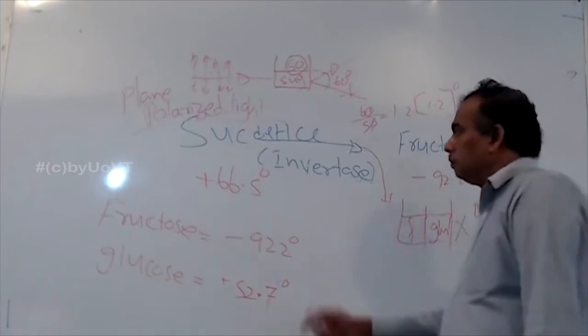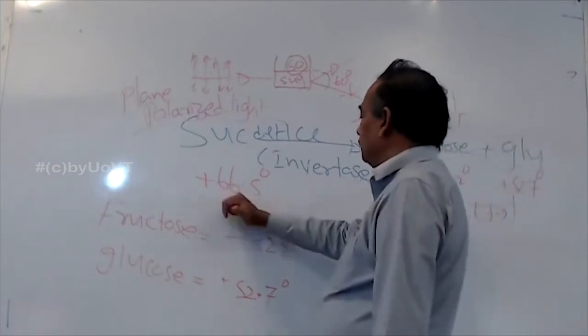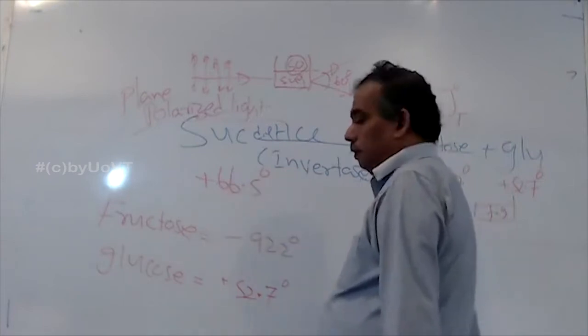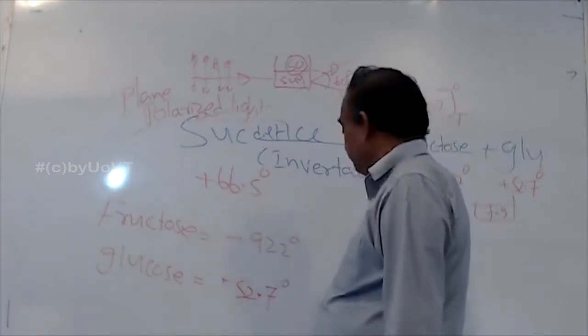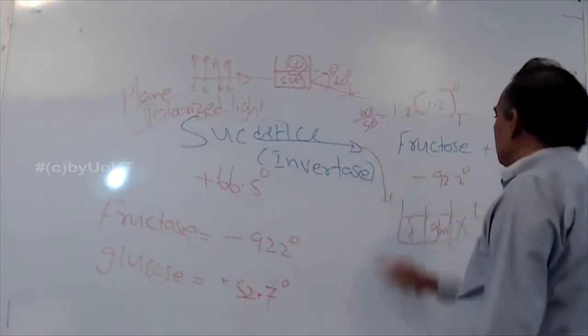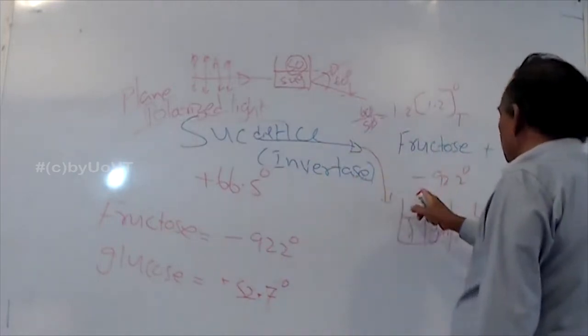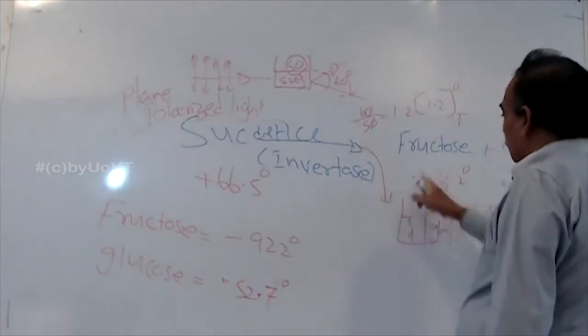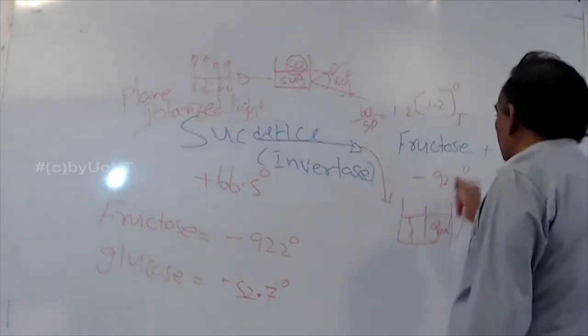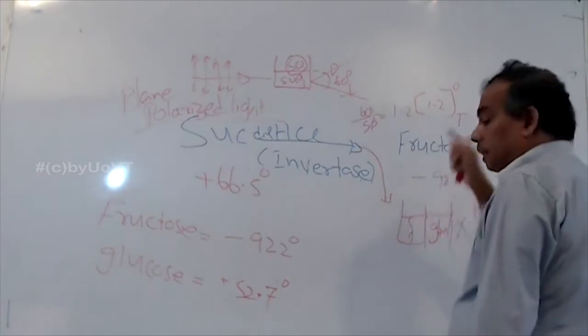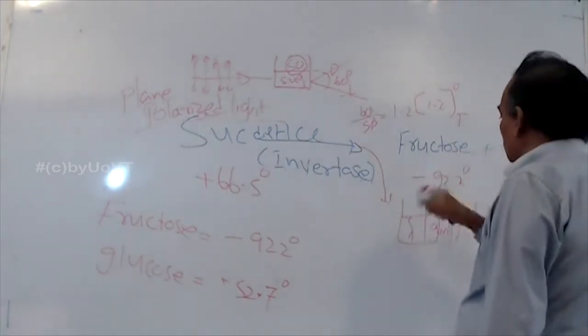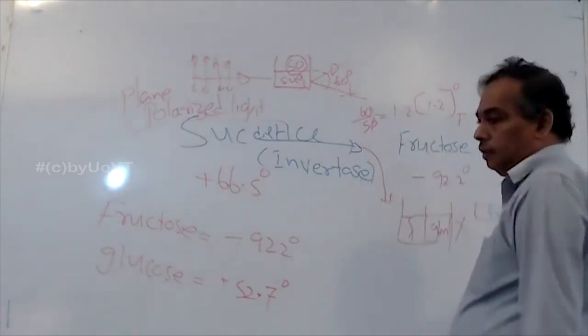Initial specific rotation of sucrose is plus 66.5. Then the specific rotation of fructose is actually minus 92. So we can expect the same fructose available here. Therefore, at room temperature, fructose can rotate by this amount.